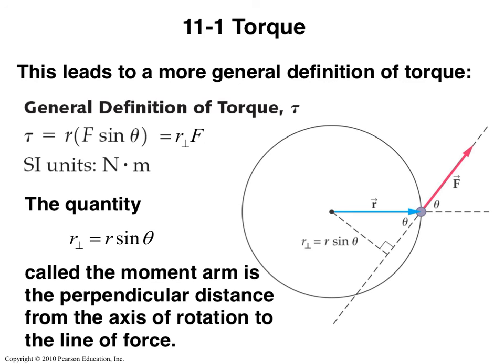Now it's easier than that. Just think of this, right? Axis of rotation. This is your force. What is the perpendicular distance between a point and a line? What would you take that distance to be? I hope everyone can see that.